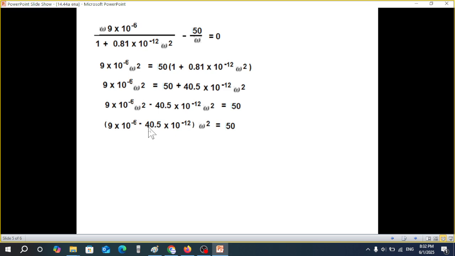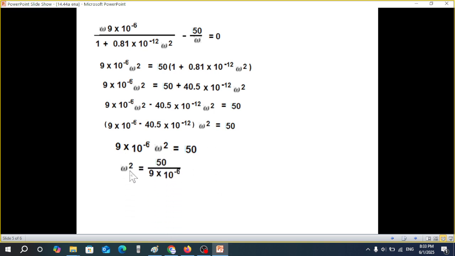And from there we have to subtract 40.5 times 10 raised to the power minus 12. So this is very, very small, negligibly small. And therefore we'll just write 9 times 10 raised to the power minus 6 omega square. You can use your calculator to see that you will get this result.